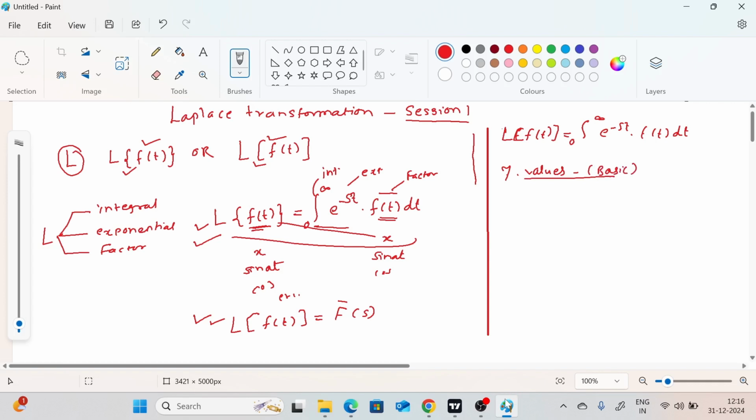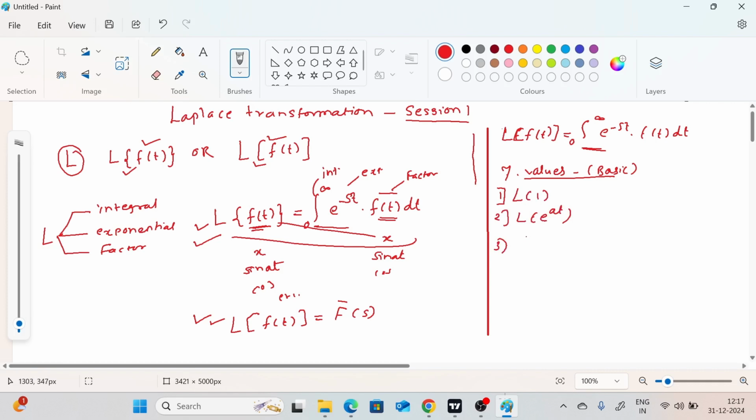These values are really important for us to solve the problems. What are those seven formulas which we need to derive by using this Laplace equation? First, Laplace of 1. Second, Laplace of e raised to at.